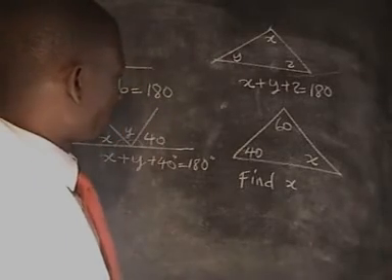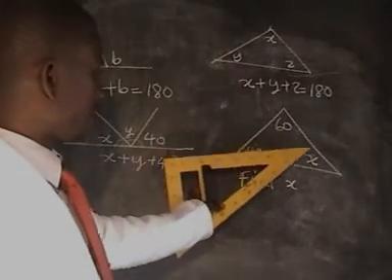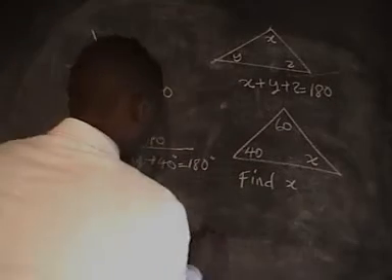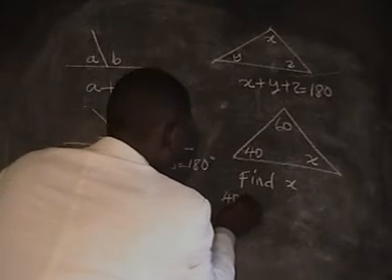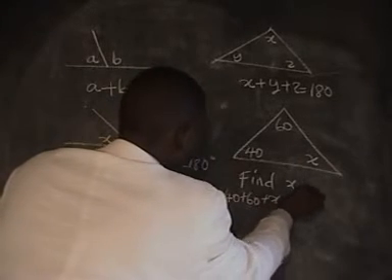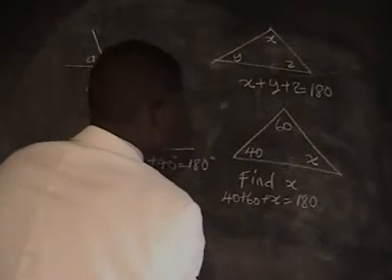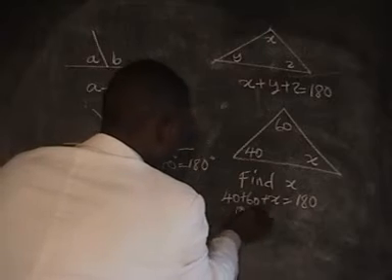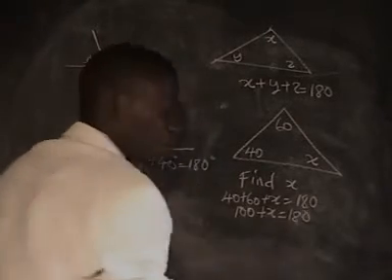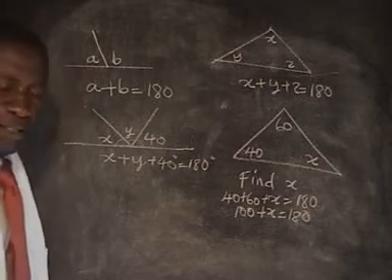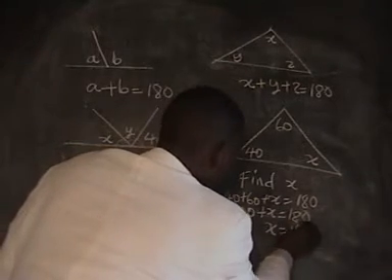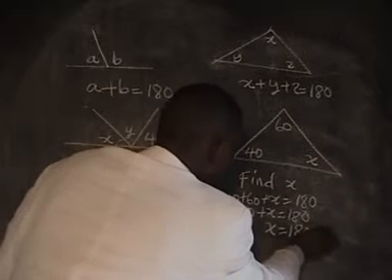So what you have to do is add 40 plus 60 plus x, which equals 180, and that equation must be solved. 40 plus 60 gives a sum of 100, then plus x equals 180 degrees. If this 100 crosses the equal sign, it becomes minus.